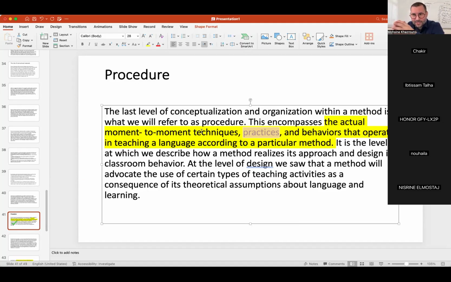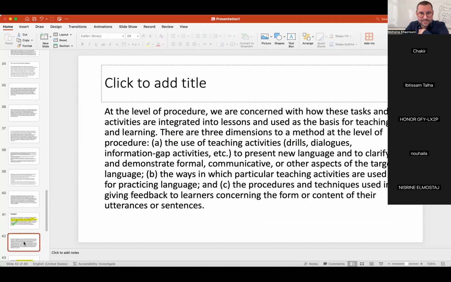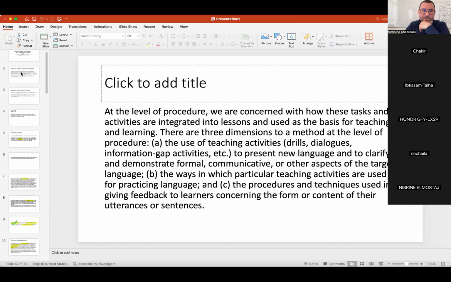Moment to moment, what do you do in the class? Everything you do in the class. And everything I do must be consistent with the theory. It must be consistent with the theory and the approach. I hope it's clear for procedure. Yes, it's clear. All right, thank you.